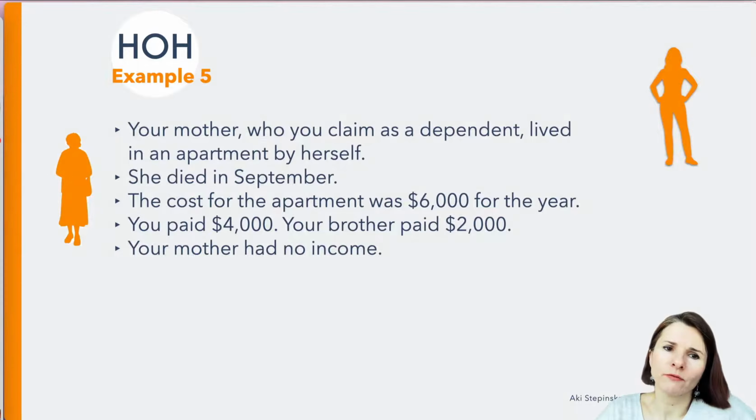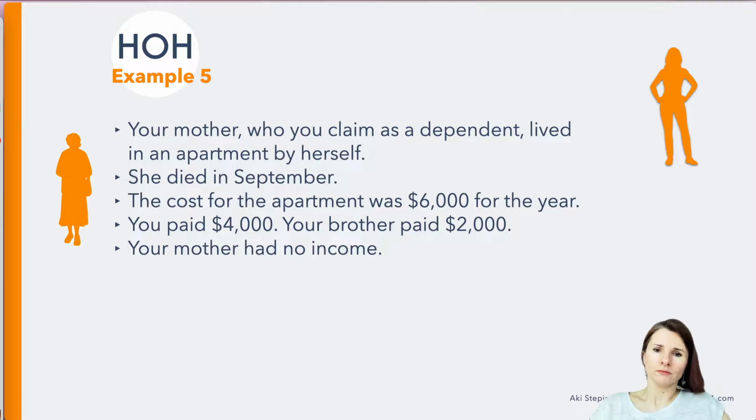Now, what about if your mother, who you claim as a dependent, lived in an apartment by herself, and she passed away, let's say in September, mid-year, and the cost for the apartment was $6,000. You paid $4,000, your brother paid $2,000, and your mom had no income other than maybe Social Security.